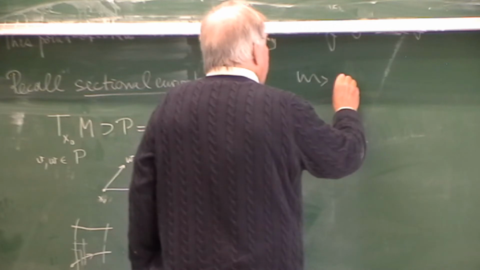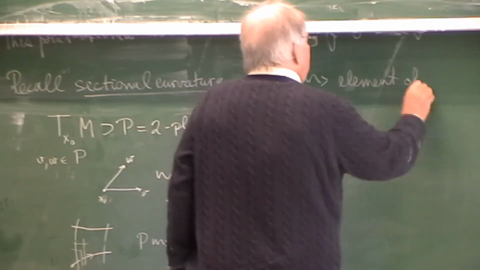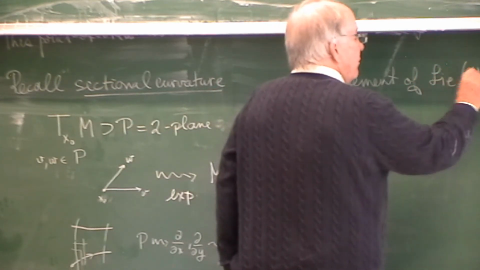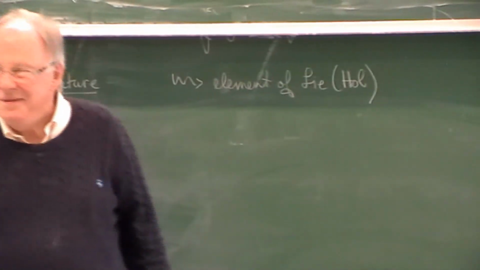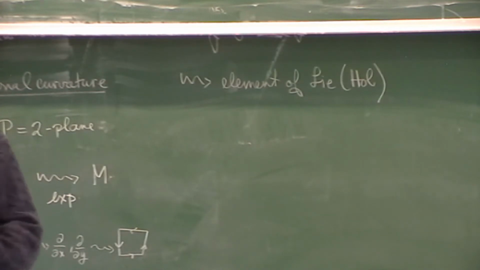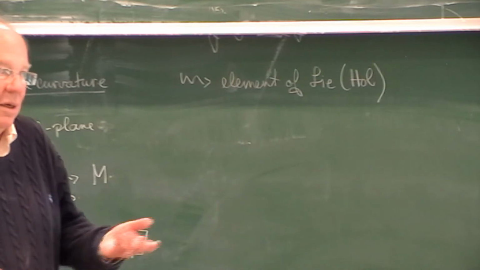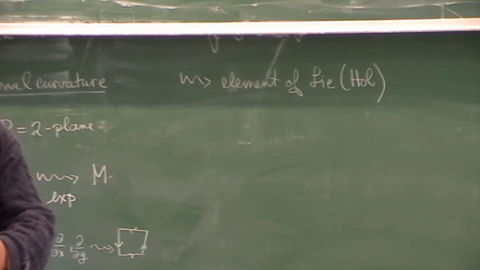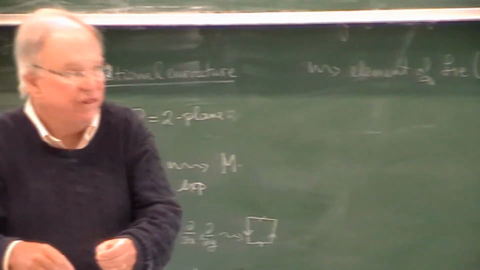That means you get an element of the Lie algebra of the holonomic group. I go out, parallel transport around a rectangle. That's an element of the holonomic group. But you make this rectangle smaller and smaller because you're talking about something at a point. So you get a curve in the holonomic group. The tangent vector of that curve is precisely curvature.